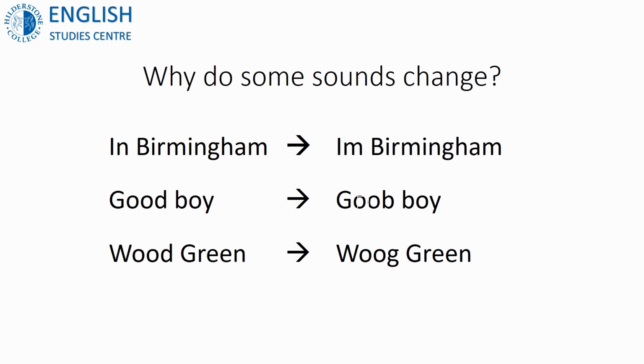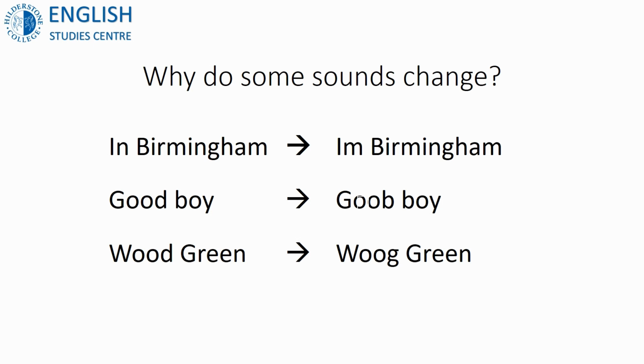If we look at the first example, you can see that we have "in", which ends with an n sound, and then Birmingham, which is a big city in the middle of England. Birmingham begins with a B. Now to make a B sound, you need to use both lips.